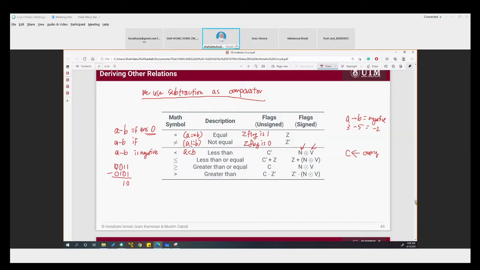If the MSB produces a carry, then carry or C will be 1. For the unsigned flag. For N, carry 1.